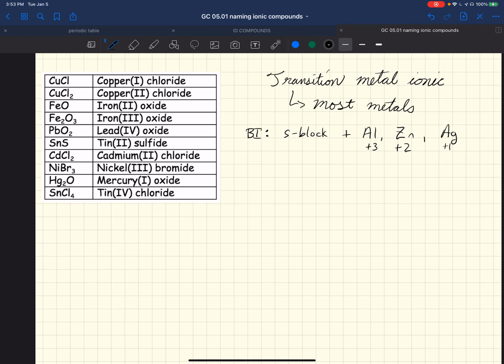All right, so the metals in the S block, and aluminum, zinc, and silver get named as binary ionic. By the way, the S block, you will also see me refer to as group 1 and group 2 metals, just so you know. And then TMI, which is what I'm going to call transition metal ionic, is going to be everything else.